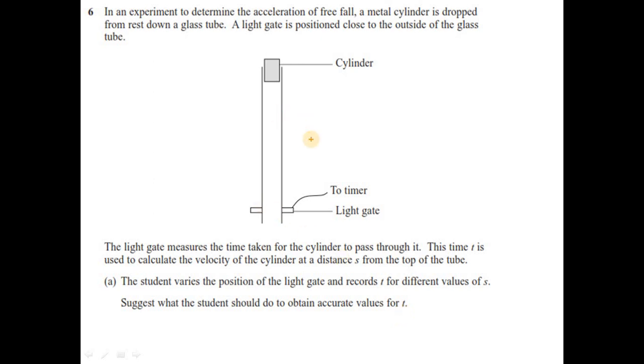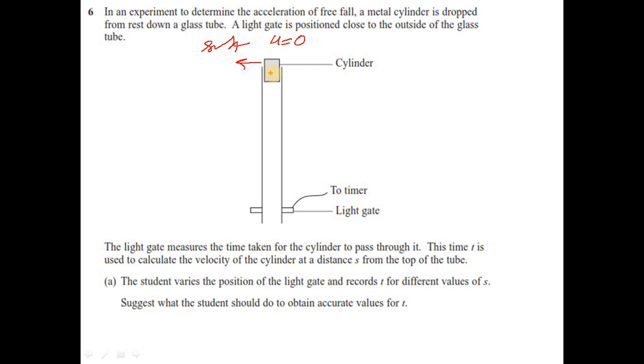In order to get an accurate result, a student should try to release the cylinder from the rest position, so that we can take the initial velocity as 0. And also when you drop the cylinder, make sure that the cylinder does not touch the wall of the tube.